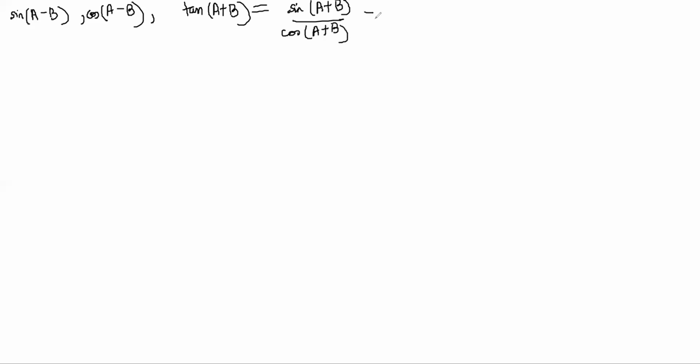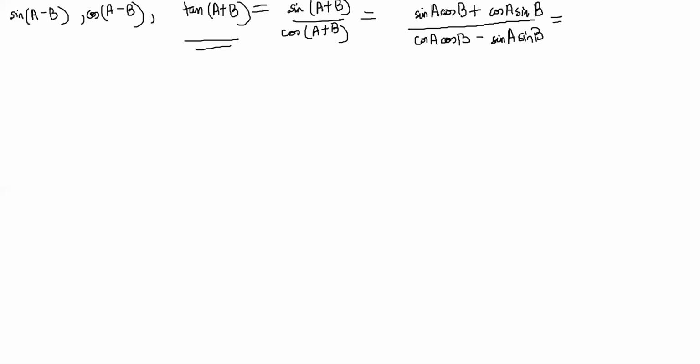And if you write sine a plus b as sine a cos b plus cos a sine b, and this one you write as cos a cos b minus sine a sine b, right? Then there is a way now to express tan a plus b in terms of tan a and tan b. To do that, you can divide up and down by cos a cos b. If you divide on top by cos a cos b, first term becomes sine a by cos a, and second term becomes sine b by cos b.